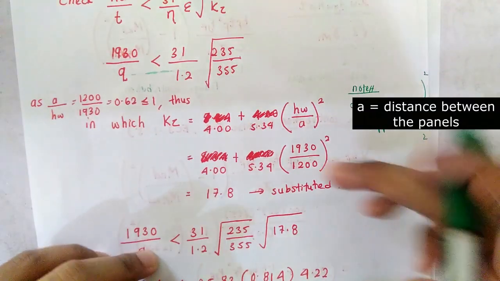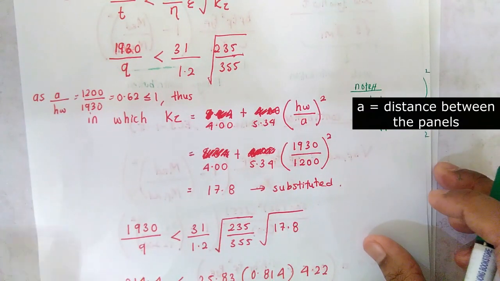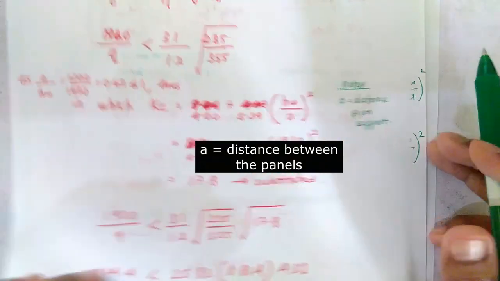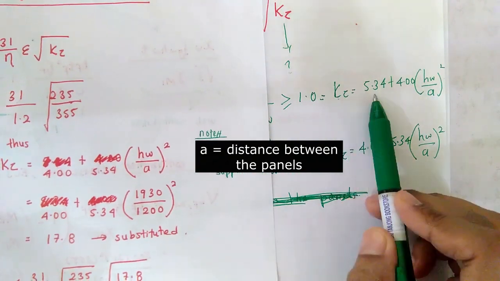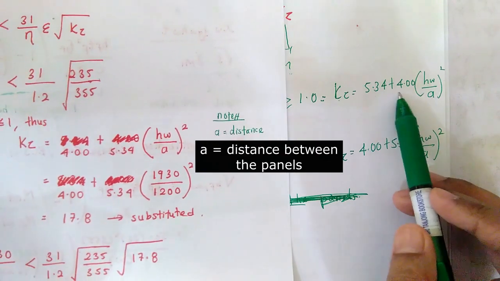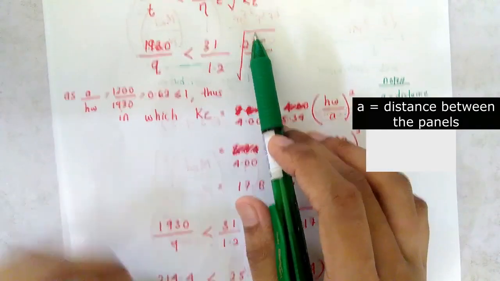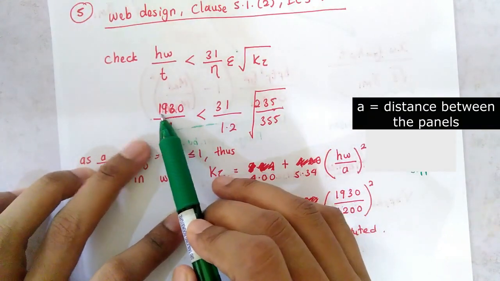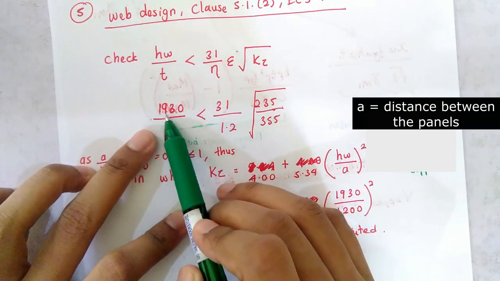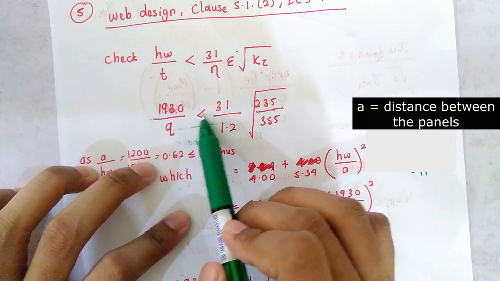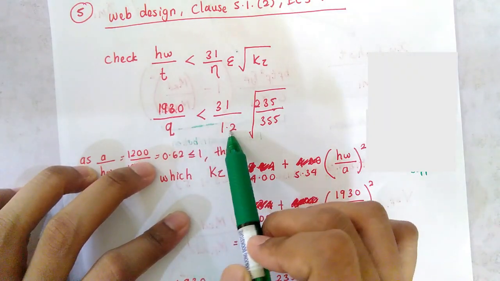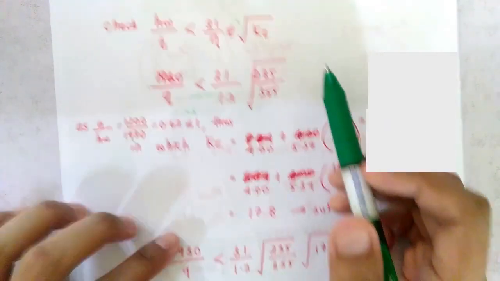Alright, so once we have done that, we know what a is already. We know how to calculate k tau already, which is this factor. So in this particular case, we have to check our hw over t, which is 1930 over 9, whether it is less than 31 over 1.2 times 0.8235 or not.